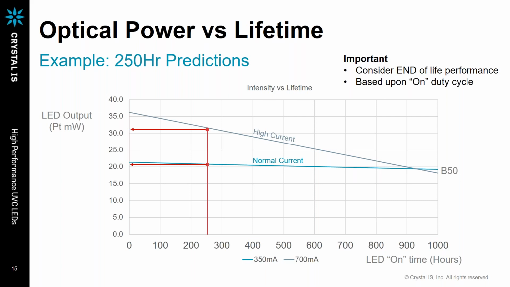But a 22 milliwatt product has only gone down to about 17, 18 milliwatts. So there is a big advantage of using normal current, or 350 milliamps, for that long life application. Again, this is where we would come into the picture and help with the design aspect.